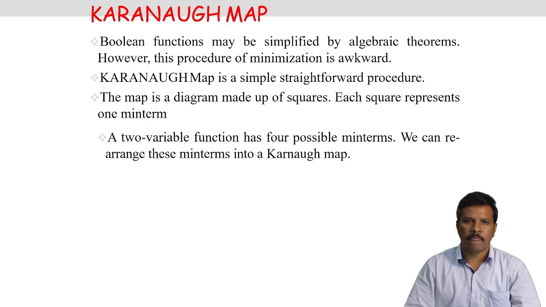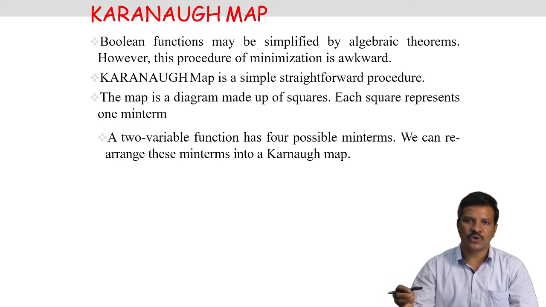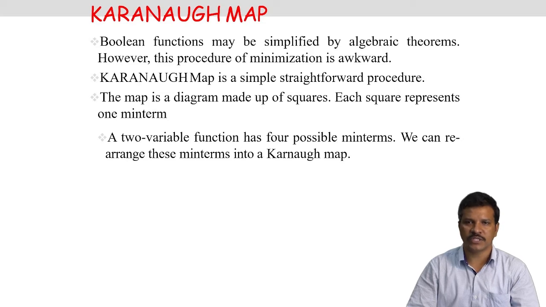Let us now discuss what this Karnaugh map is, how these squares are arranged into a big map, and how to place the minterms of a Boolean function in the Karnaugh map square boxes. Let us first take the two variable function, which has 4 possible minterms. We can rearrange these minterms into a Karnaugh map.